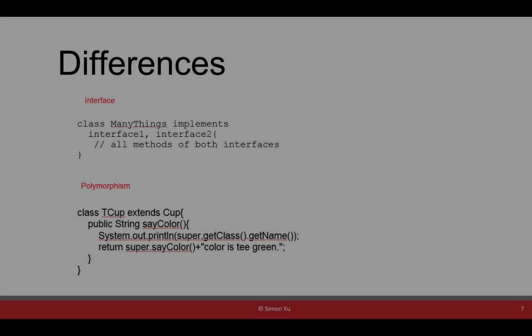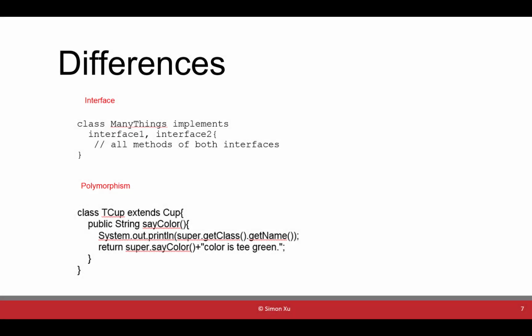What are the differences between an abstract class and an interface? We can only inherit one abstract class or normal class, but we can implement many interfaces. An abstract class can have concrete methods, but an interface cannot.